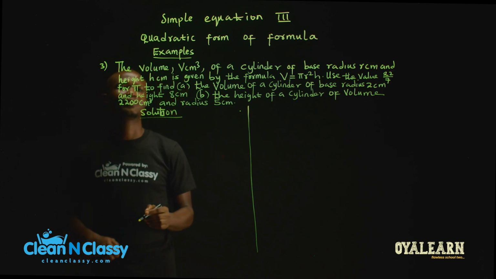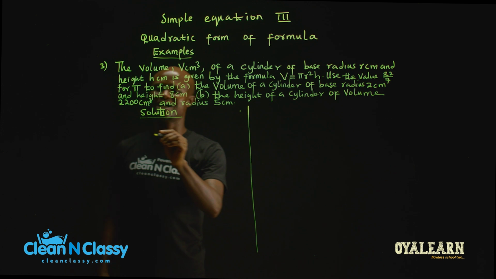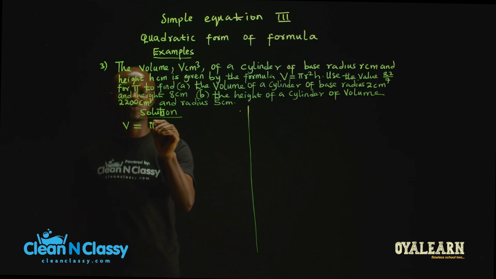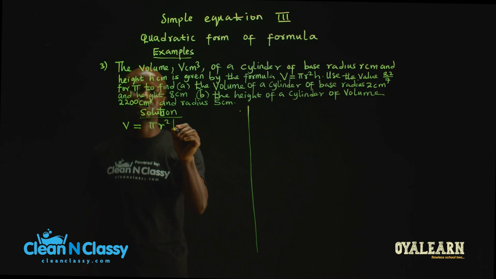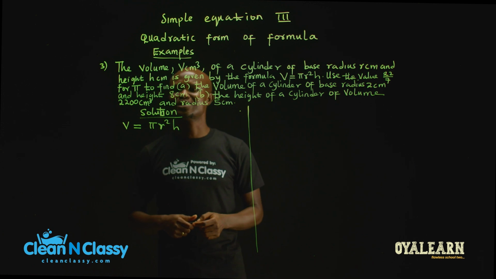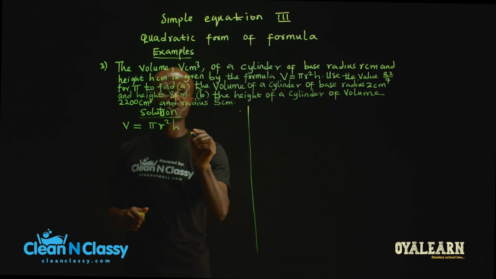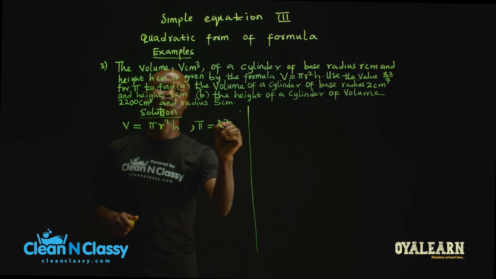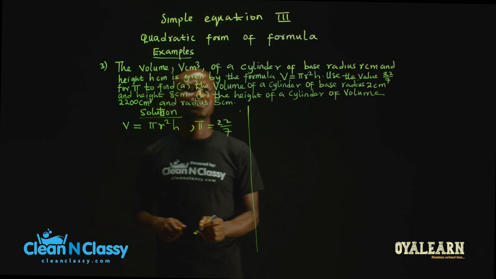Solution. Now the first thing is to write out the formula given from the question. V equals pi R squared H. We're asked to use pi equals 22 divided by 7.